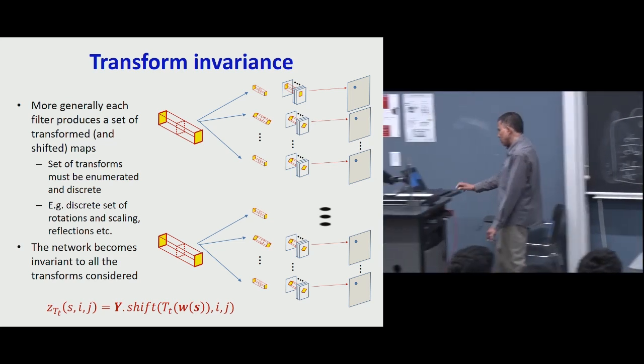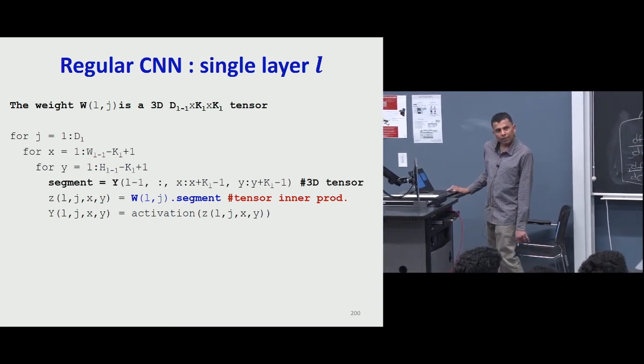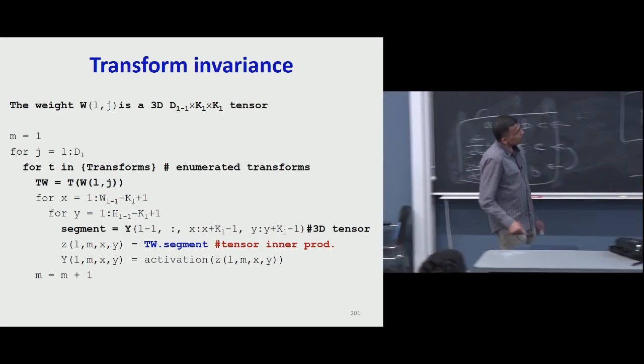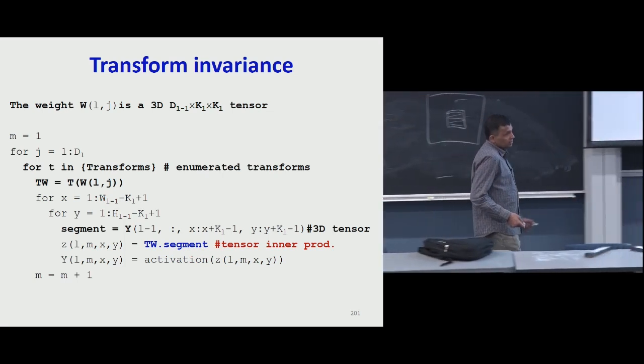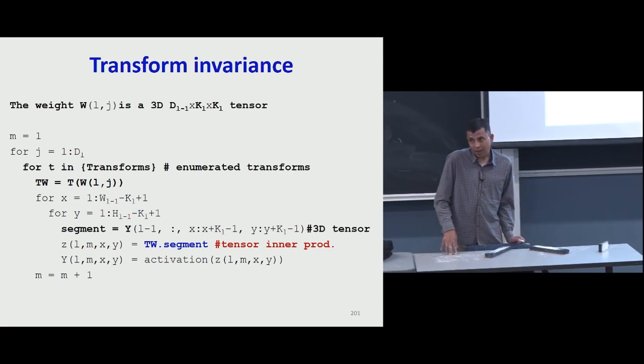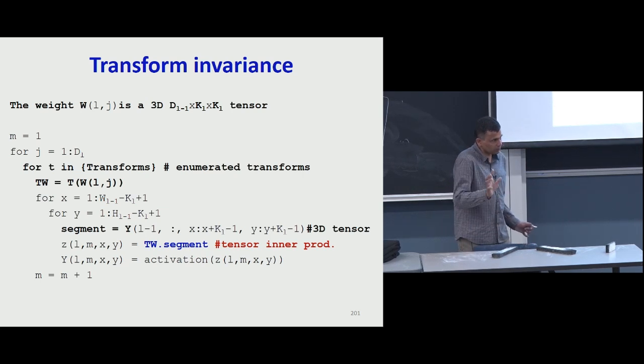So if I were to write my code, I can actually just say, here's your regular CNN for one layer. We've seen this before. All I did is, instead of just going through all of the filters individually, all of my perceptrons individually, which is in the 1 to DL loop, for each of those I computed every transformed version of it. So I'm going over the complete set of transforms, and then I'm just scanning over the entire input using those transformed filters. Questions?